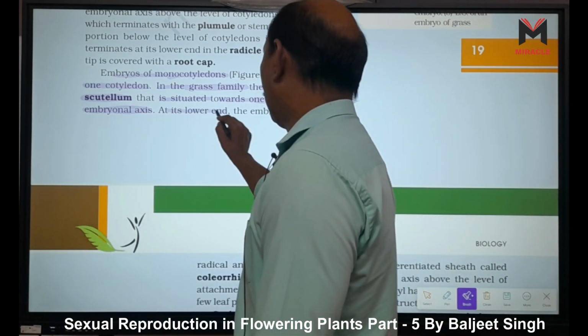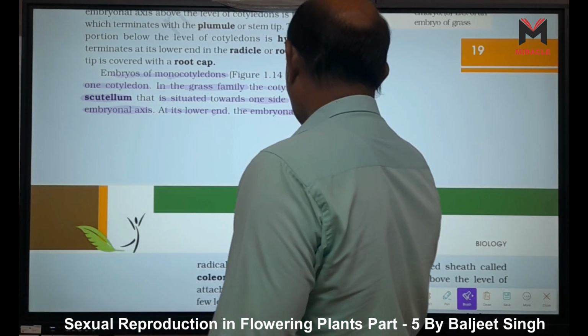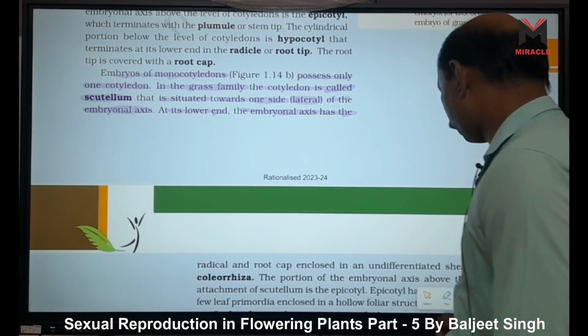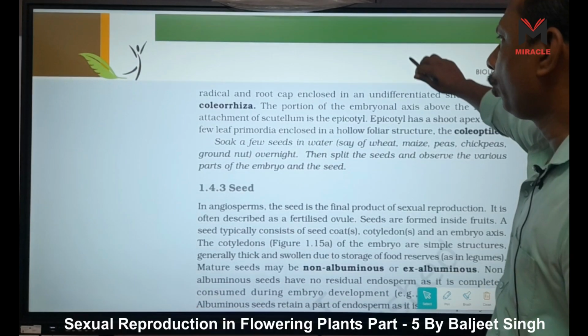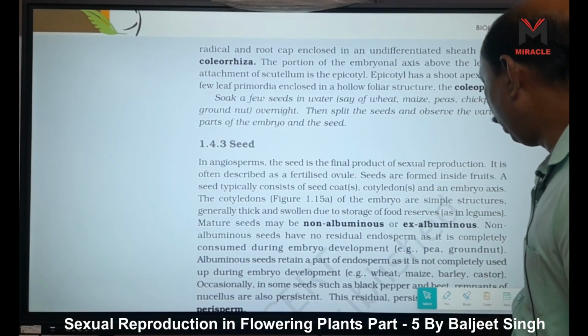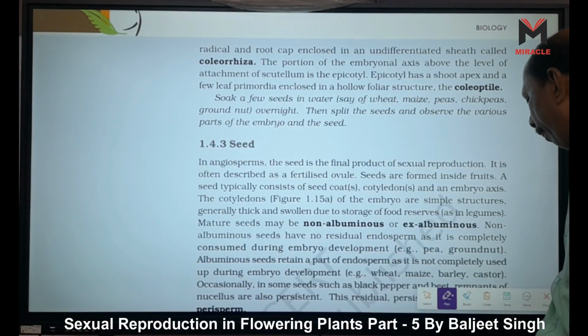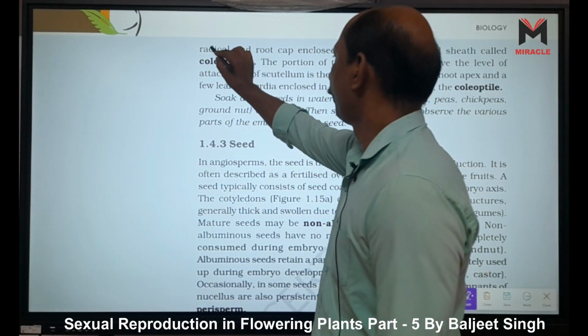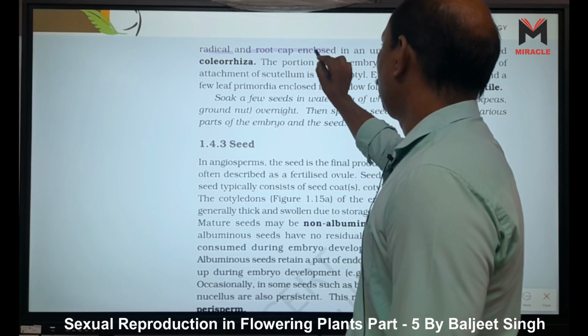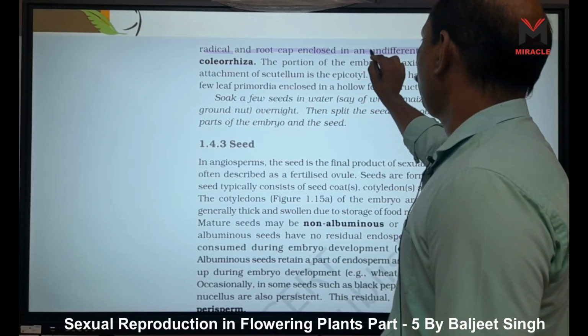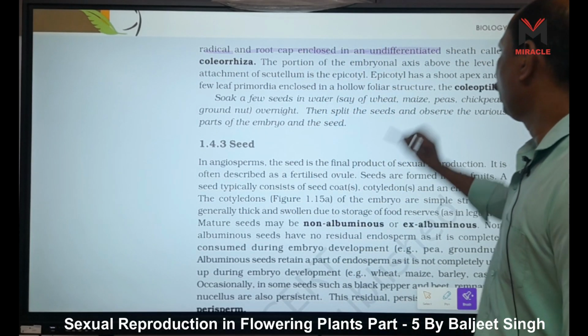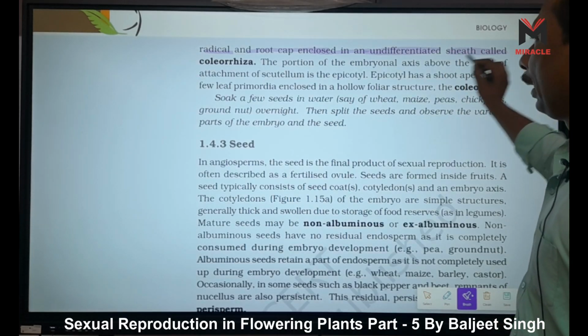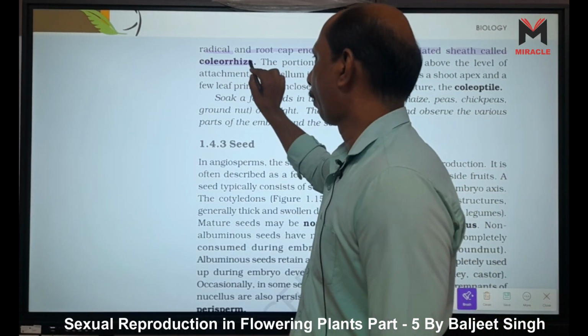At its lower end, the embryonal axis has the radicle and root cap enclosed in an undifferentiated sheath covering, which is called the coleorhiza.